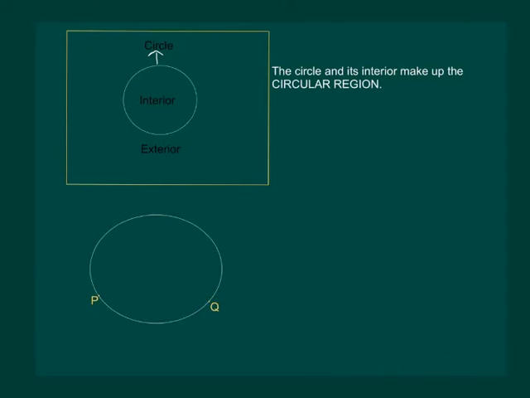If we take any 2 points P and Q on the circle and join them, then the line segment PQ is called chord of the circle.